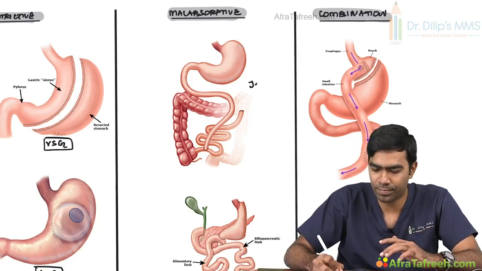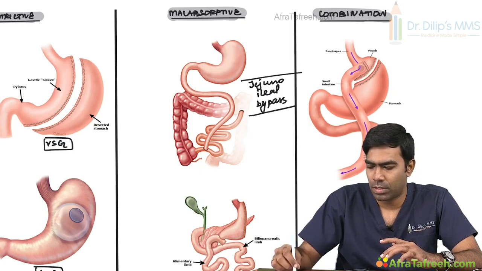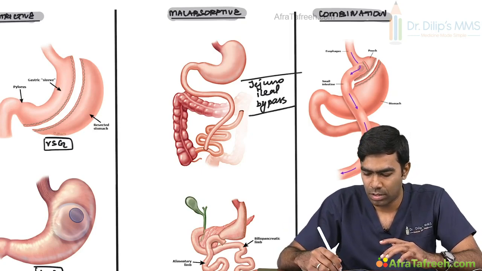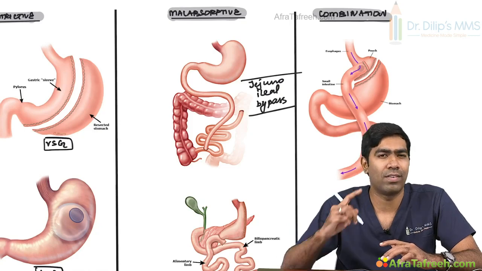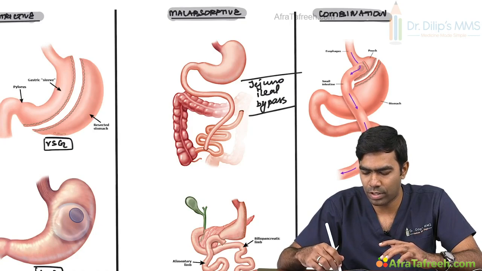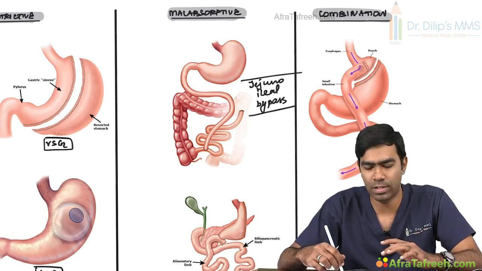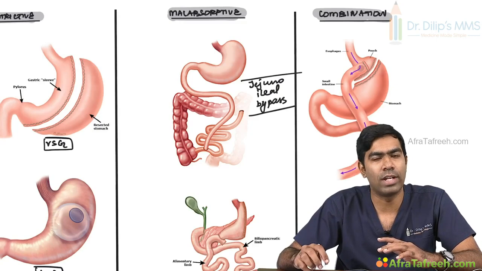The first one is the jejunoileal bypass. So in this, you are going to transect the jejunum at the level just distal to the ligament of Treitz, and you're going to take the proximal segment and anastomose that to the ileum just proximal to the ileocecal junction.